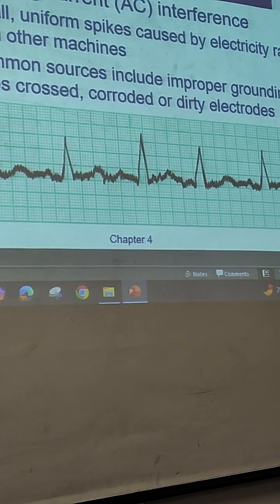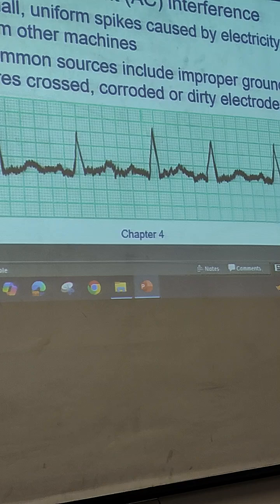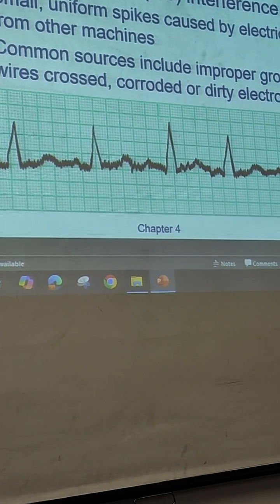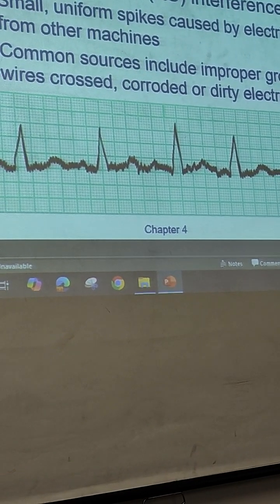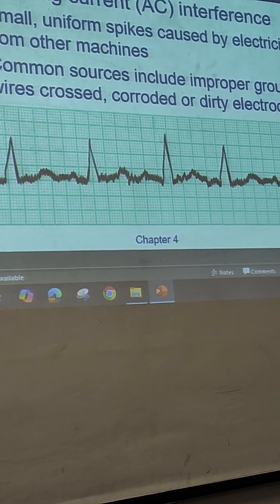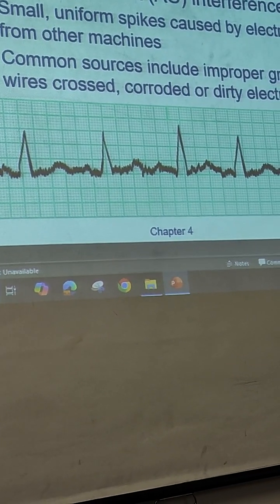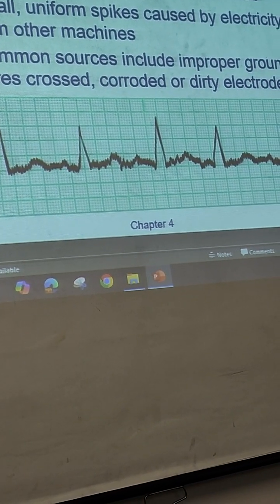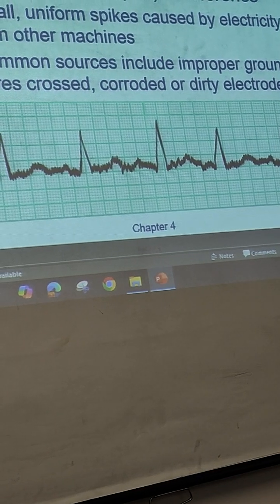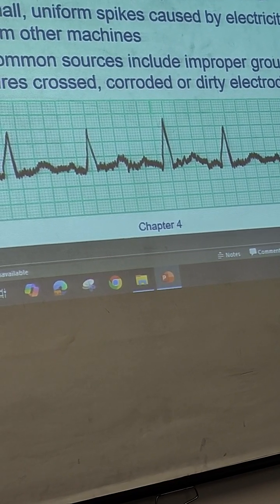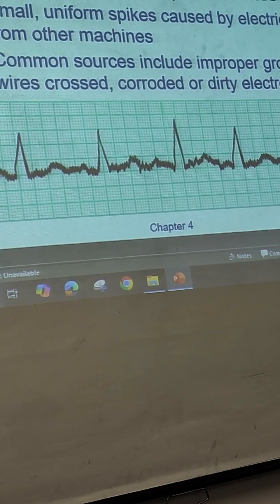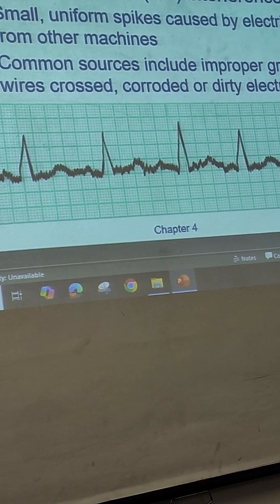This question comes on your exam, so know it. Particularly the tremors, they ask you without pictures. Is that understood? They ask you, okay, the patient is shivering or is moving, shaking because it's cold. How do you troubleshoot the problem? Give them a blanket.